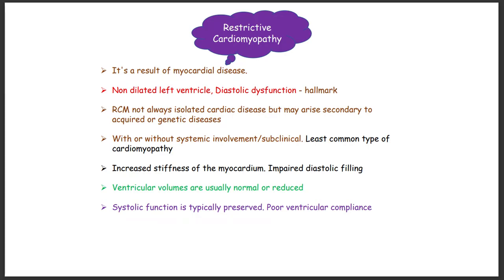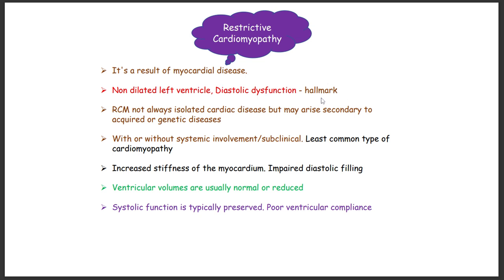The last type of cardiomyopathy, which is primary, is restrictive cardiomyopathy. And this one is a result of myocardial disease. What is of importance here is that in restrictive cardiomyopathy there is no dilatation of the ventricle: a non-dilated left ventricle with diastolic dysfunction.